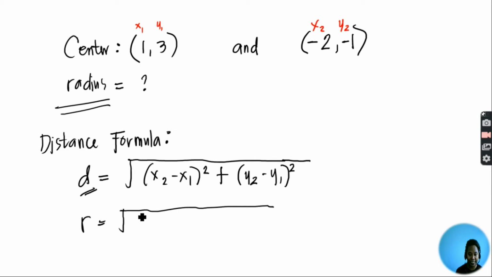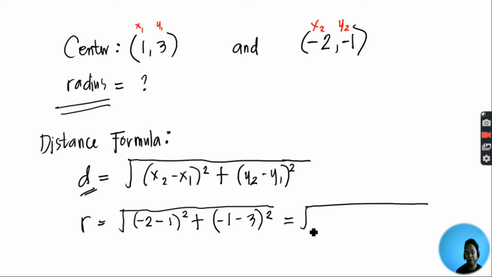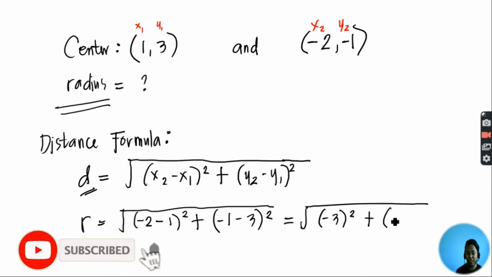X sub 2 natin is negative 2, x sub 1 is 1, quantity squared, plus y sub 2 is negative 1, and y sub 1 is positive 3 squared. Continue tayo sa ating pag-solve. Negative 2 minus 1 is equal to negative 3 squared, plus negative 1 minus 3 is equal to negative 4 squared.